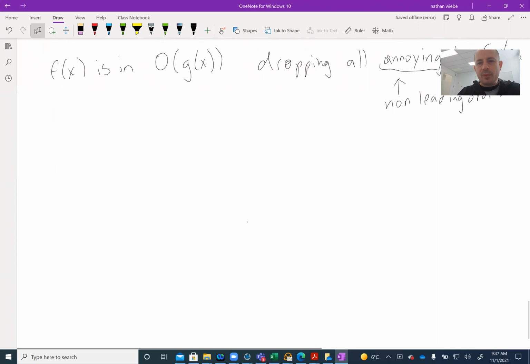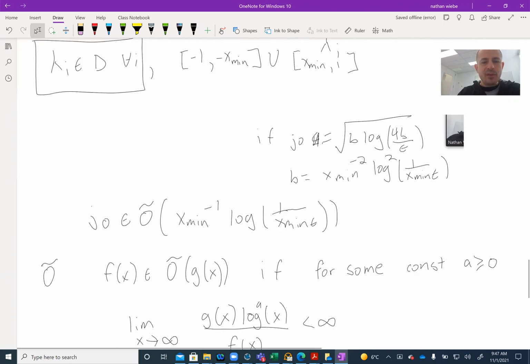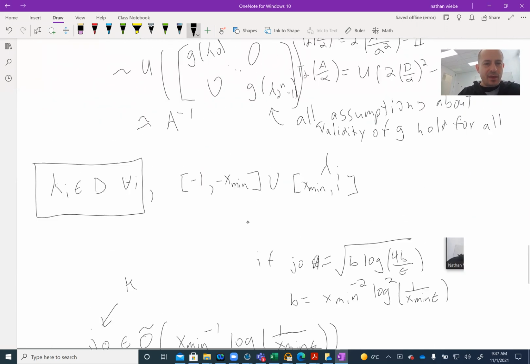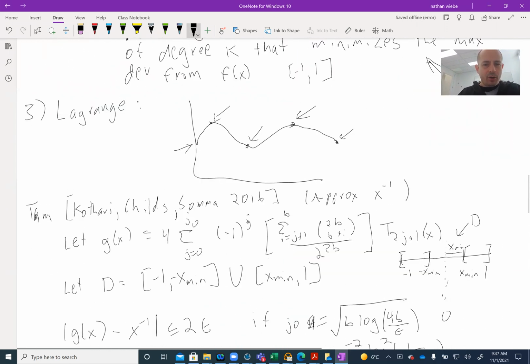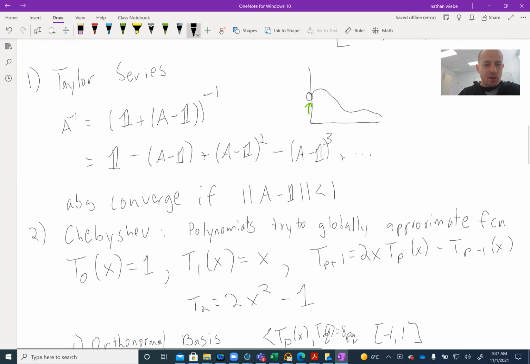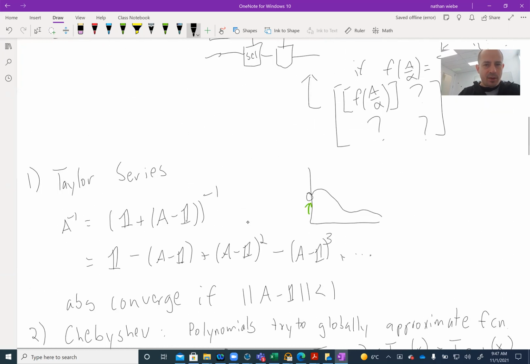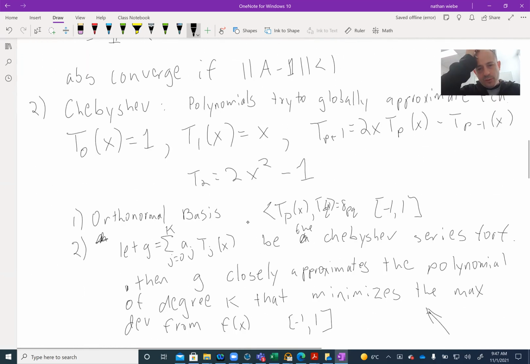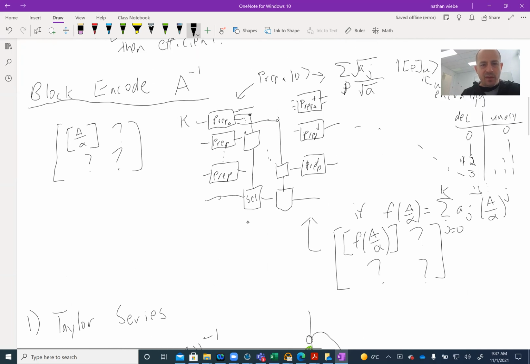Now, from this j naught over here, this is the value of k that we need to pick for our quantum singular value transformation over here that we're using this circuit. And so in general, if you recall, this circuit block encodes 1 over a for some scaling constant a.